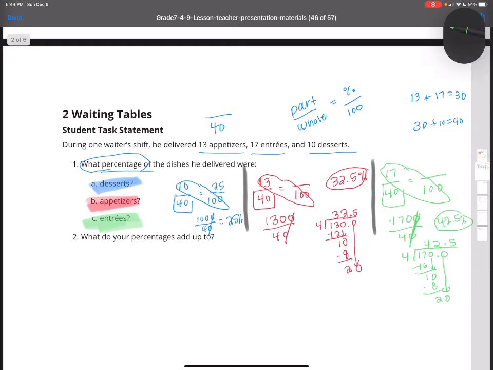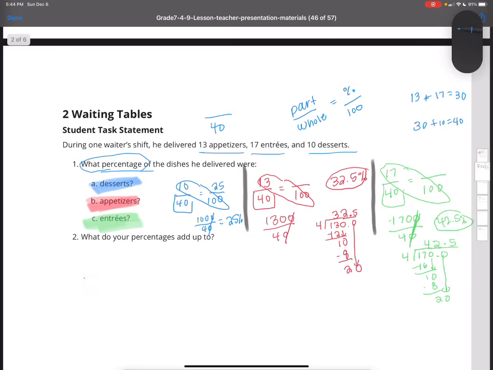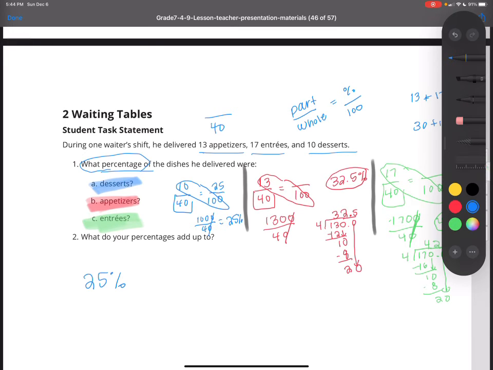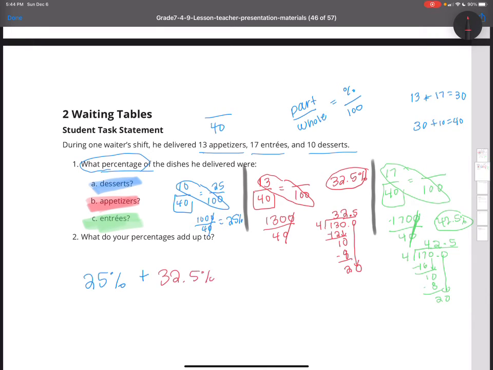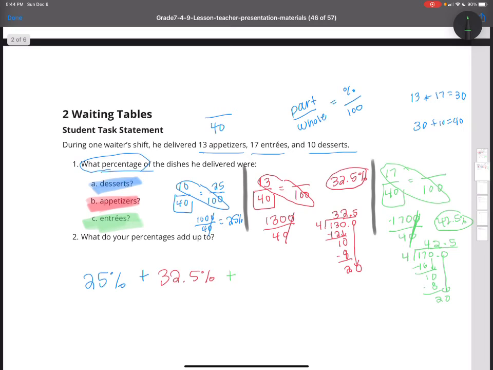Okay. So for the next one, you just want to add them all together. I'm going to add 25%. That's my desserts. Remember, desserts was blue. I'm adding the appetizers, which was 32.5%. And then the next one would be 42.5%. If you have a calculator at home, or you're using your Chromebook, you can add these numbers together.